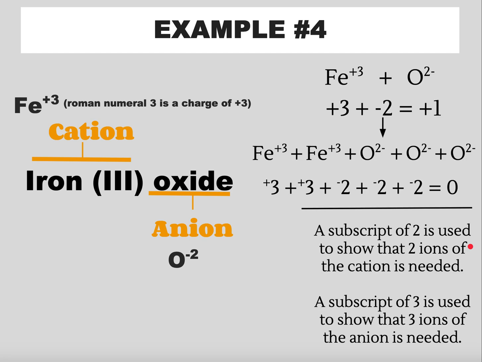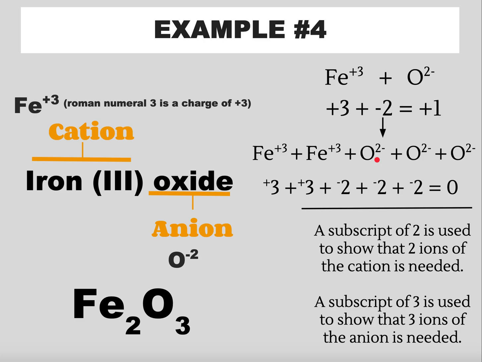So here's just another example. Iron with a +3 charge, oxygen with a -2 charge. Again, that doesn't equal 0. So you just add ions until it equals 0. So it takes 2 irons, it takes 3 oxygens, and so we end up with the formula.